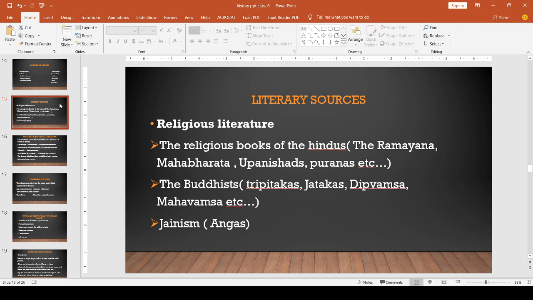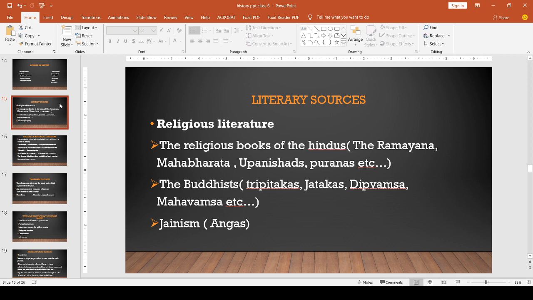Veda is one of the religious books of Hindus. The Veda tells us a lot about the life and culture of the Aryans. Who were Aryans? Aryans means the ancient tribal people. They came from the north to conquer India. Aryans were the group who invaded and conquered ancient India from the north.